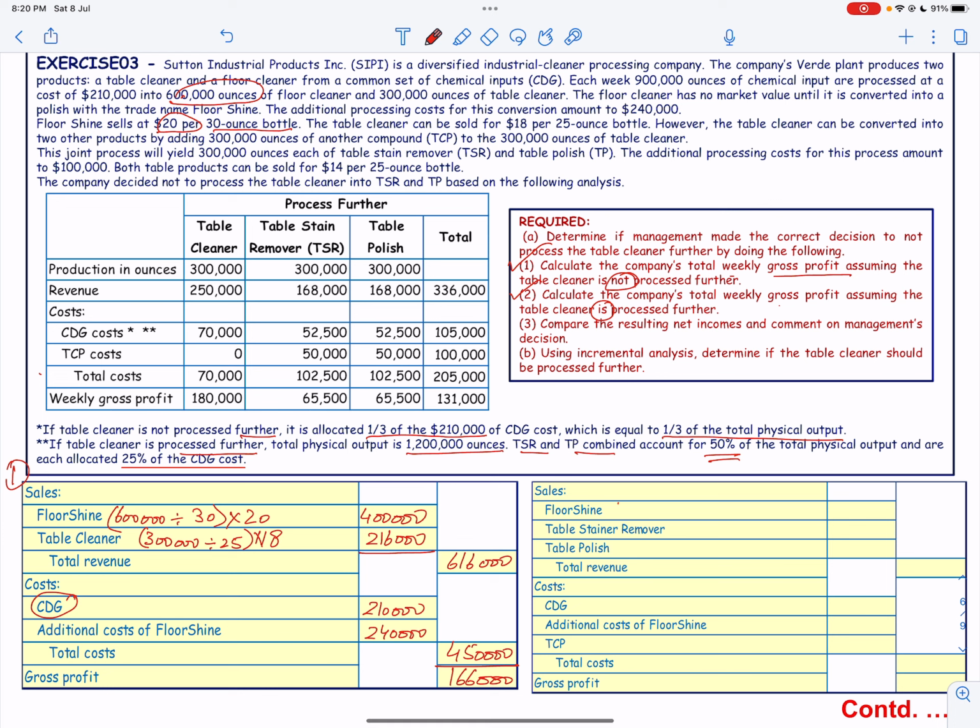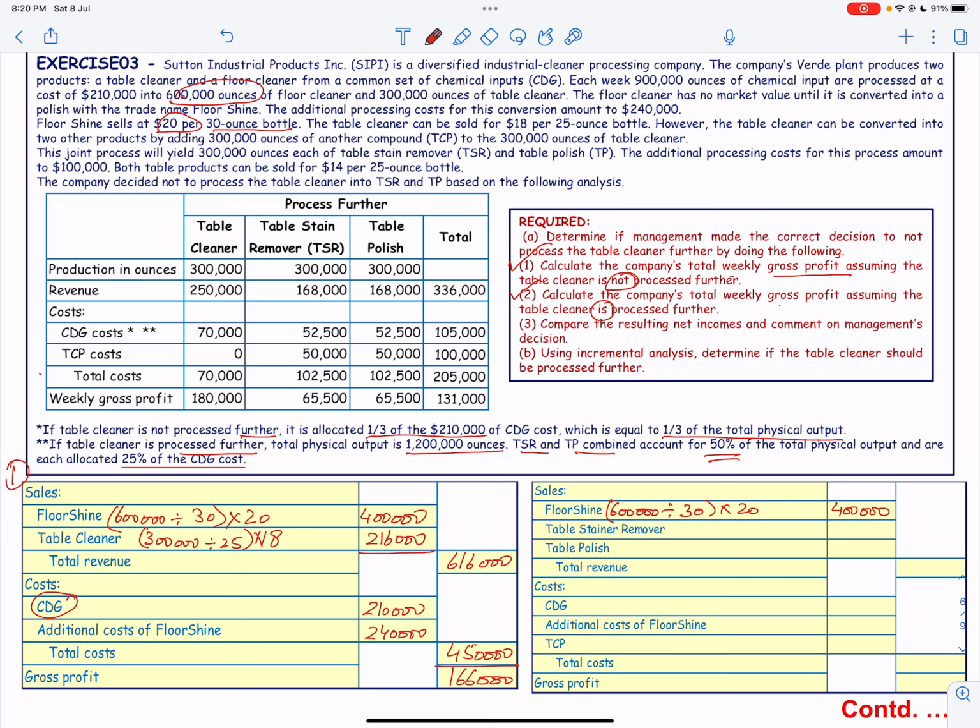So we have 600,000 divided by the 30 ounces per bottle, multiplied by the selling price per bottle, that is 20. So this is equal to 400,000.